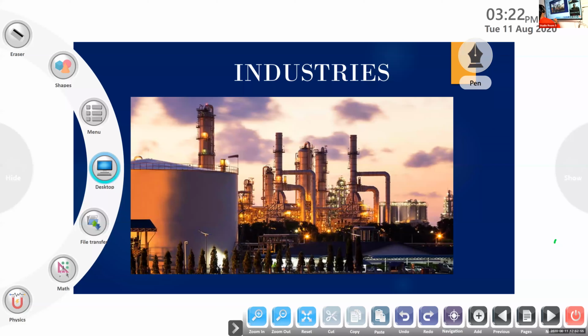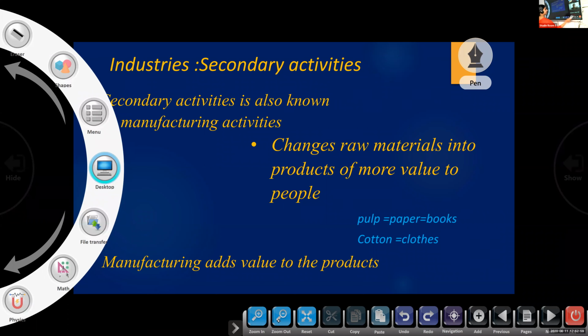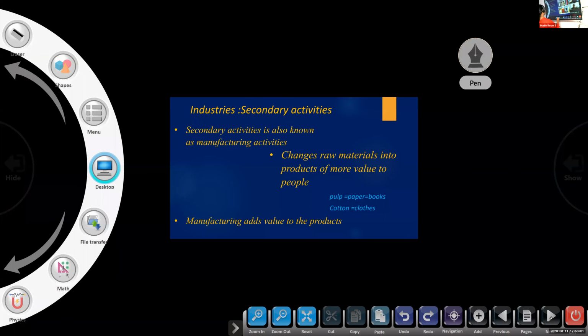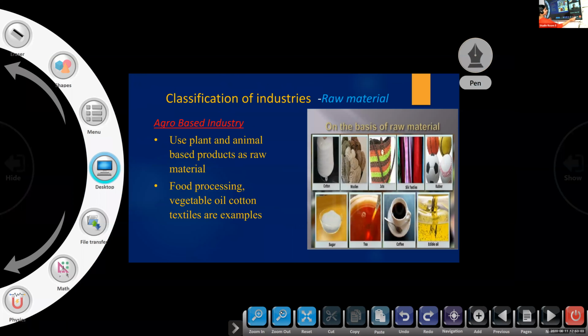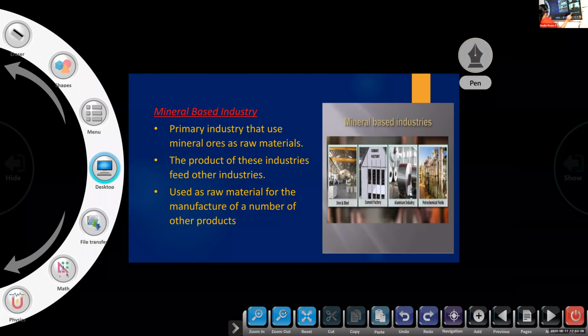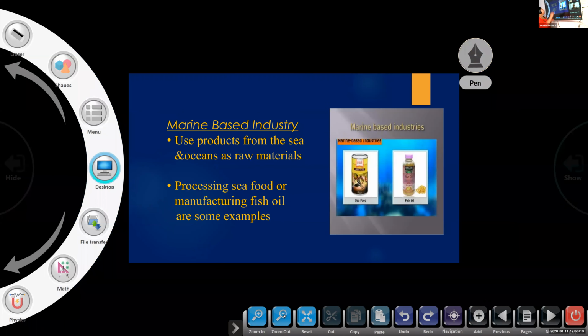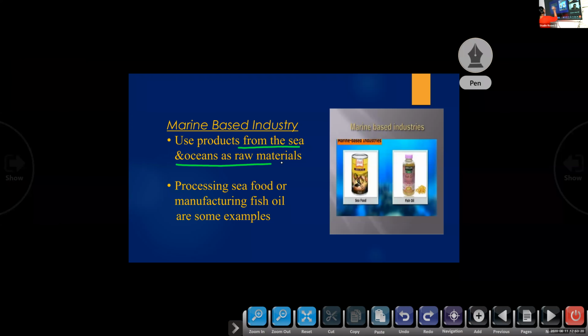Then next classification of industries based on raw material. We have discussed agro-based industry, then mineral-based industry, iron, steel, cement factories are examples. Then marine-based industry. In marine-based industry the raw material is sea products from seas and oceans.